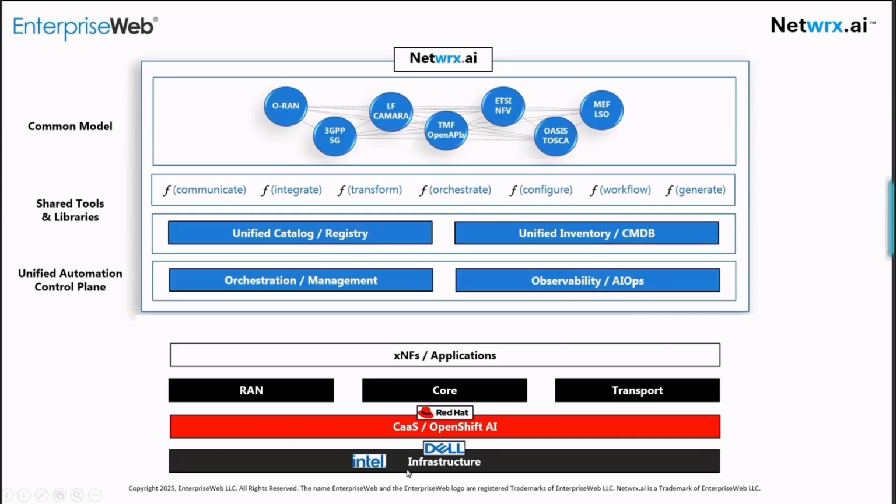And some of that will come up in this demo, as we're going to be featuring OpenShift AI as well as the Granite 3B model for an LLM. So the unified automation control plane is pushing configs and plans down to lower level domains, and we're pulling up state and telemetry.